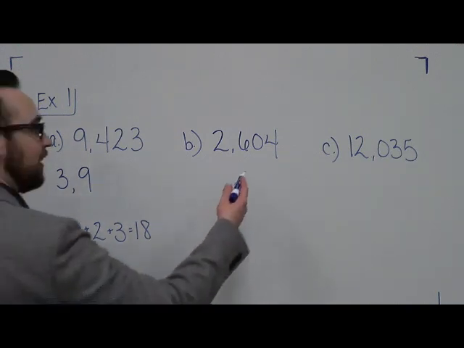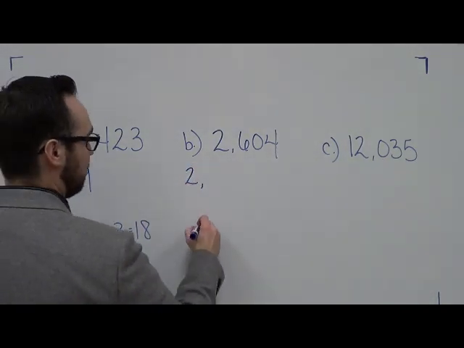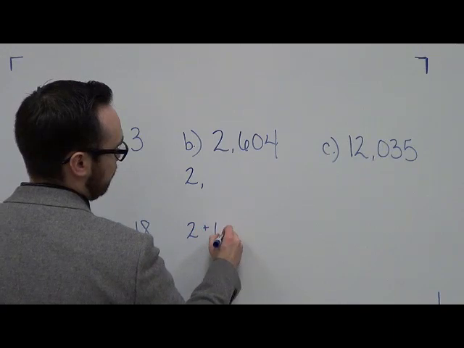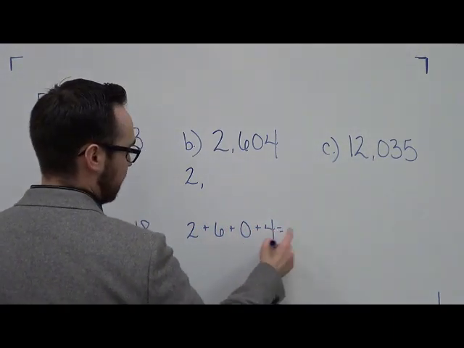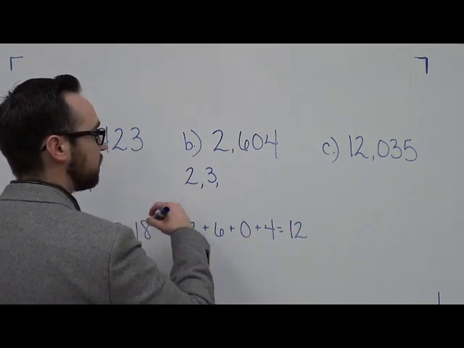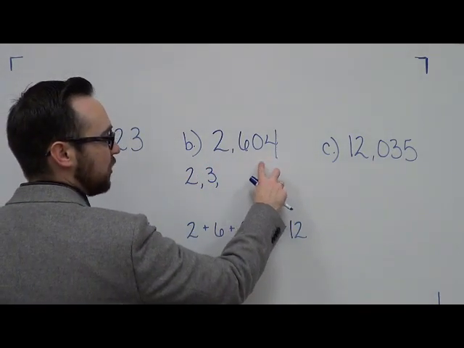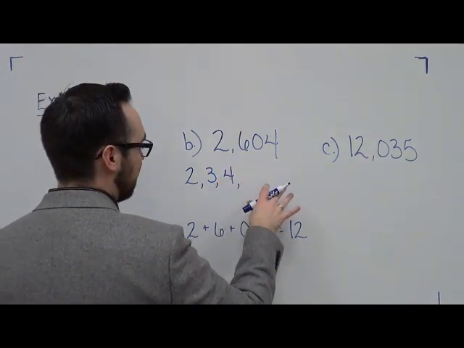However, the next one is even, so it is divisible by 2. If I add up the pieces here, we end up with 12. So it is divisible by 3. The last two digits, 0 and 4, are divisible by 4, so it's divisible by 4. It's not 5.